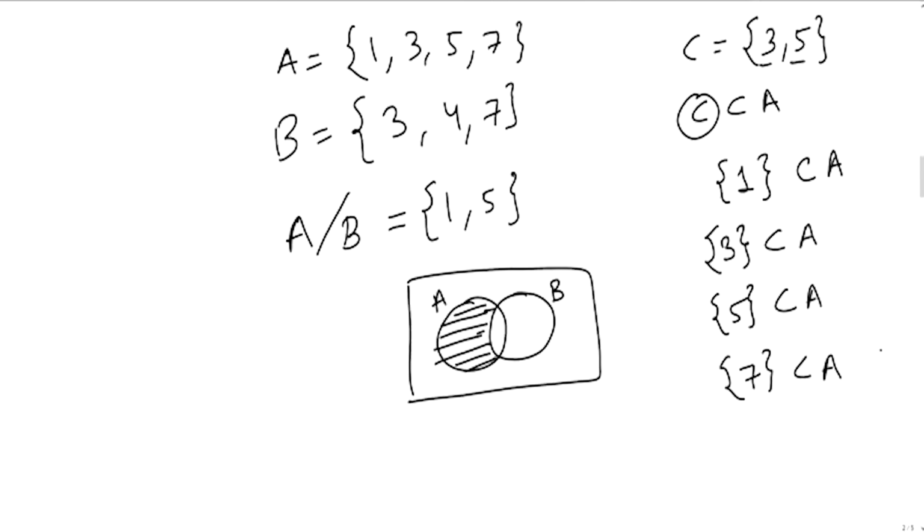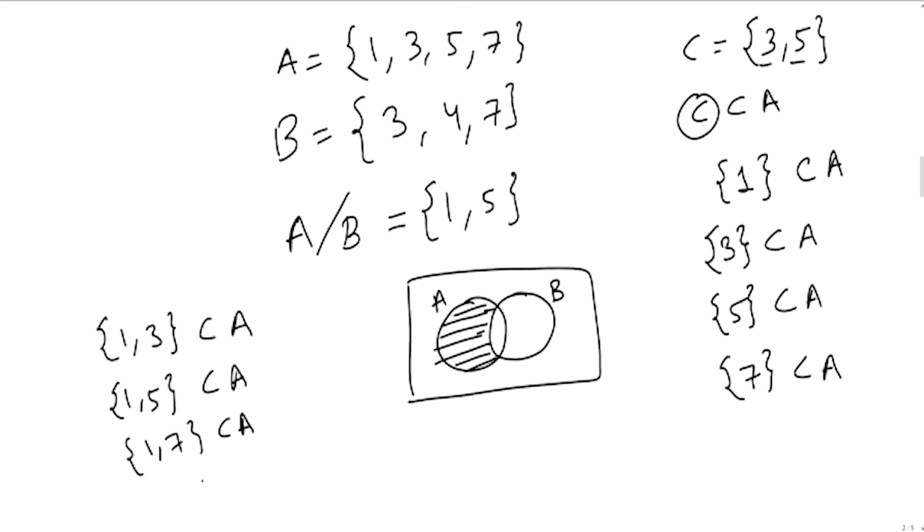But can you say that, let's say, a set containing 2 elements, 1 and 3, is this a subset of A? Yes, because both 1 and 3 lie in A as well. Similarly, 1, 5 is also a subset of A, right? 1, 7 is also a subset of A, right? Similarly, 3, 5 is also a subset of A, right? So there are many possible subsets of A. Okay.